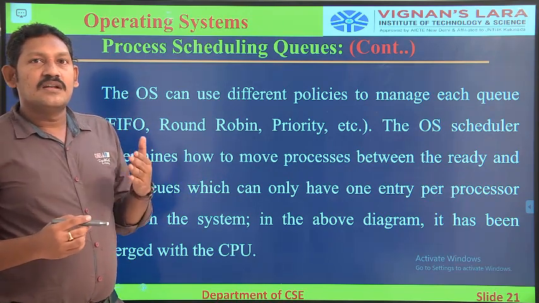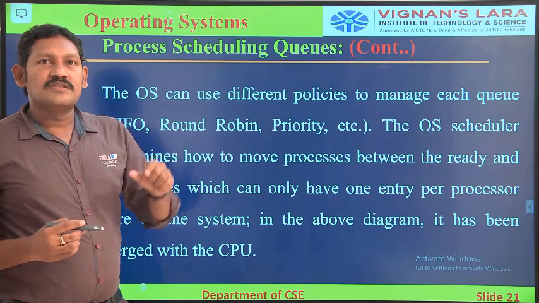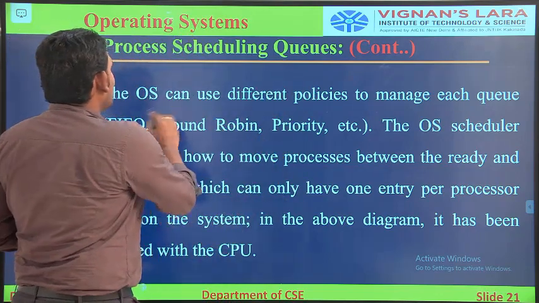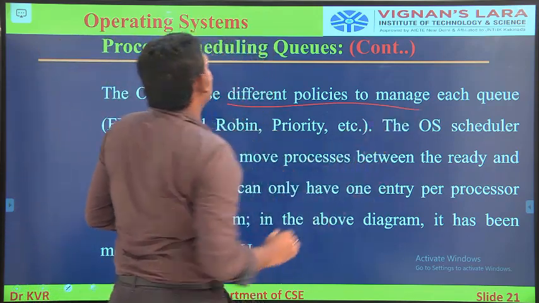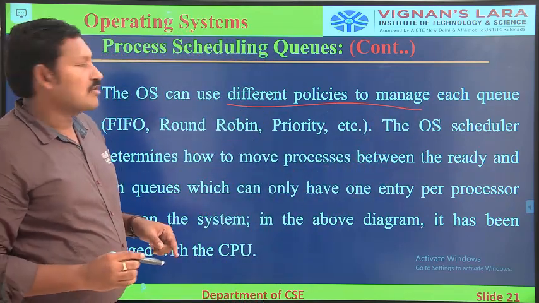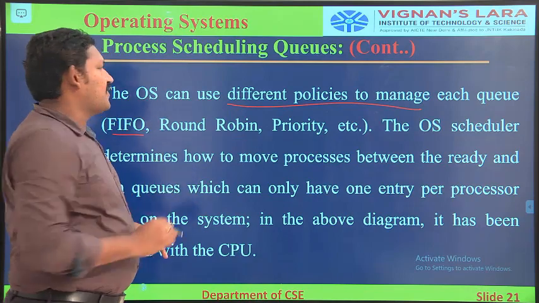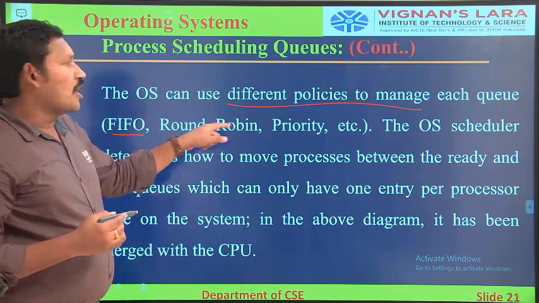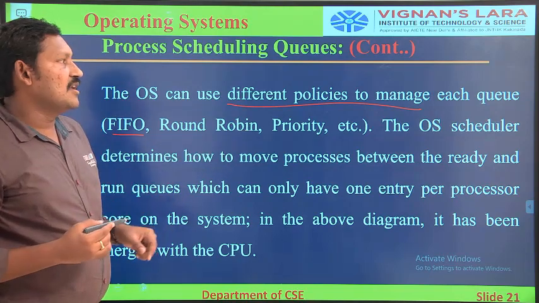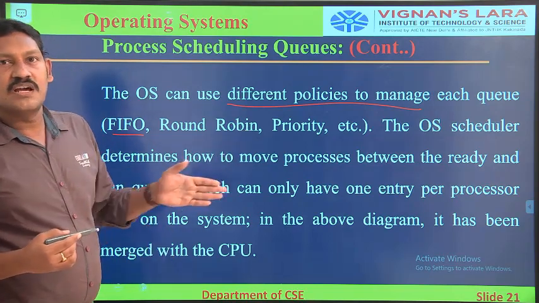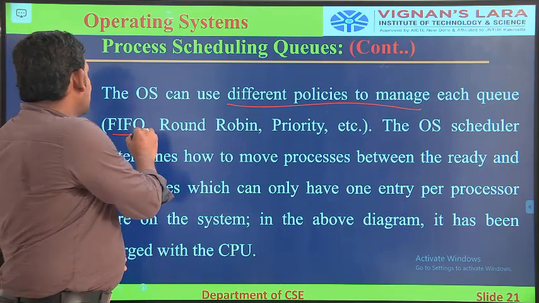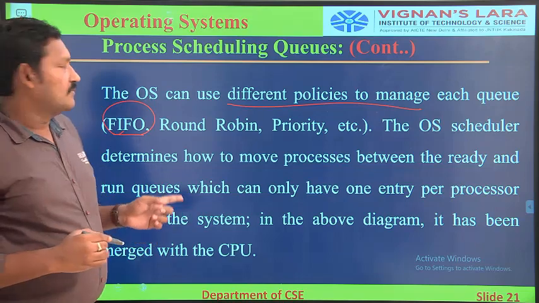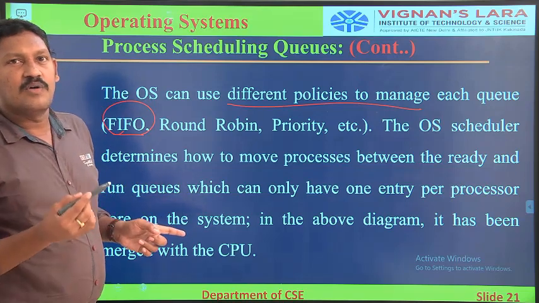To follow any policy, we have different strategies: FIFO (first in, first out), SJF (shortest job first), round robin scheduling, priority scheduling, etc. We will see all these in detail with examples. For the time being, I will tell you what is what.